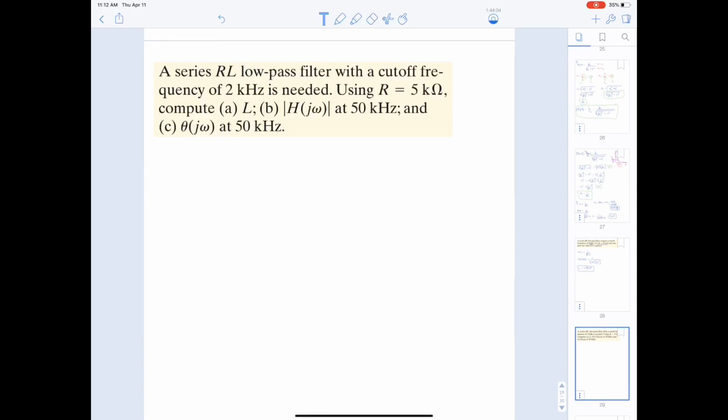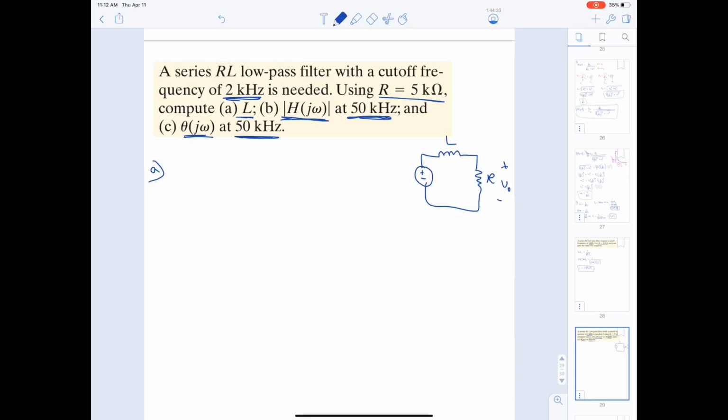It says a series RL low pass filter with a cutoff frequency of 2 kilohertz is needed. Using R equal to 5 kilo ohm, compute L, the magnitude at this specific frequency, and the phase angle at this specific frequency. Okay, let's start.